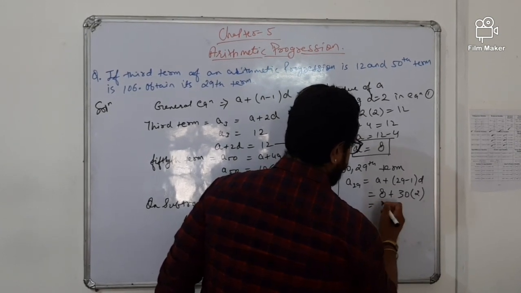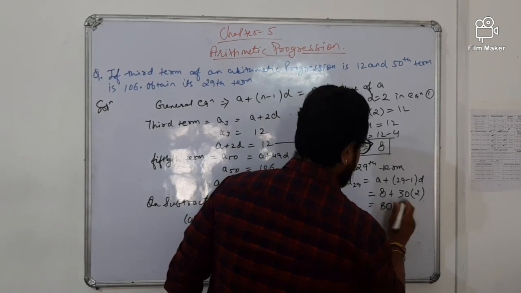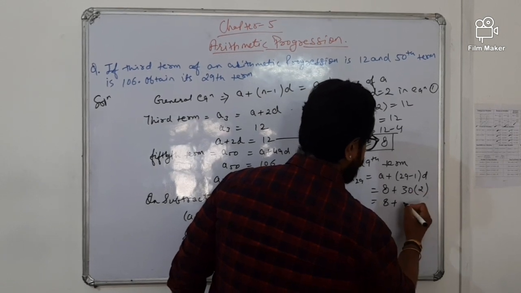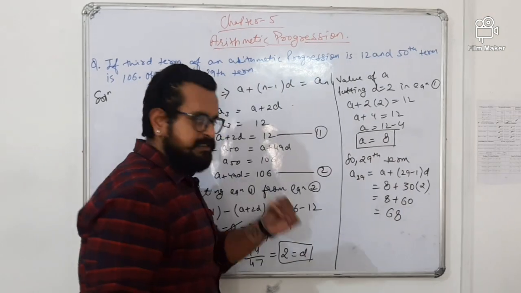So 8 plus 30 into 2 is 60, so this will be 68.